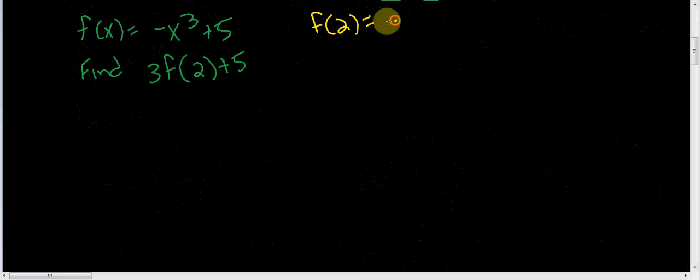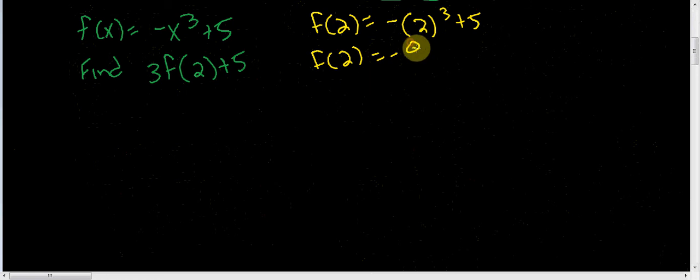So let's see, we have negative, in place of the x we're going to put a 2, we're going to cube it, and we're going to add 5, and that gives us a negative 8 plus 5, which equals negative 3. So that's what f of 2 is worth. And then what we want to do here is figure out what 3 of f of 2 plus 5 is.